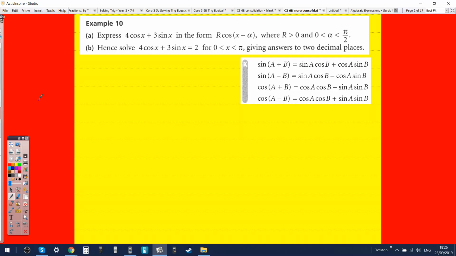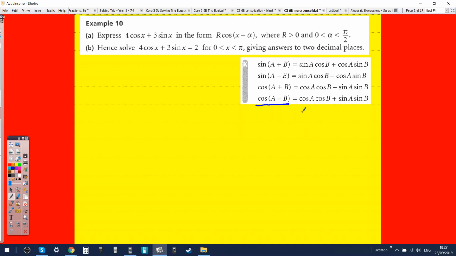If we look at this one, which formula does it match up with? So would this be in terms of cos this time? Yep. We'll be looking at the 4 cos x, so the cos a minus b. So it'll work with that one.